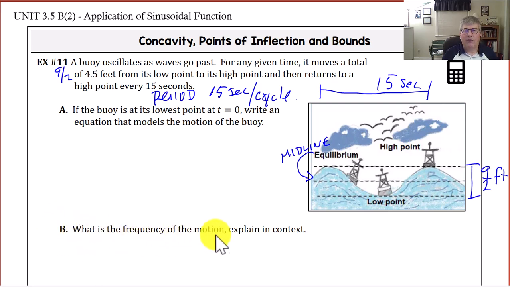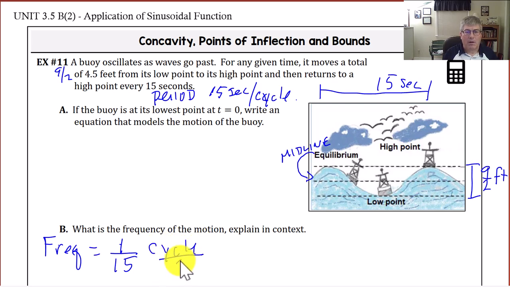B says, what is the frequency of the motion? Well, if our period is 15 seconds per cycle, the frequency is equal to 1/15, 1/15 of a cycle per second.